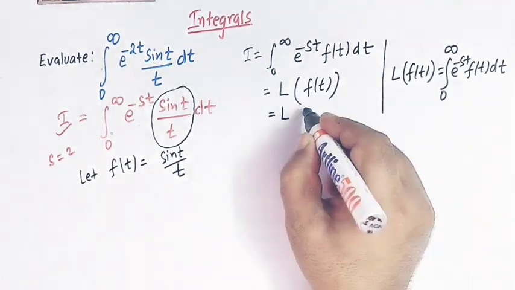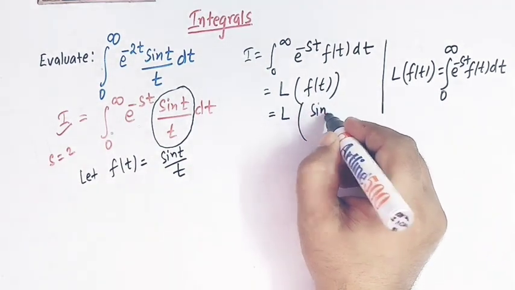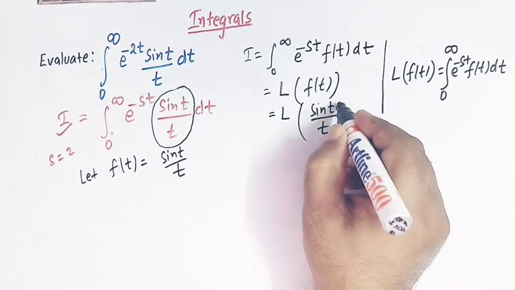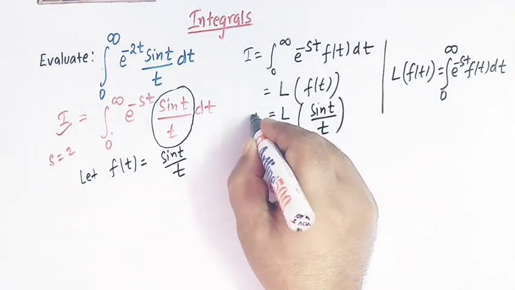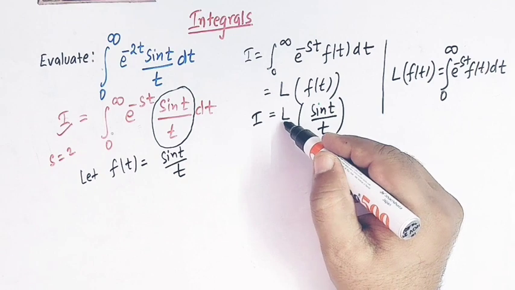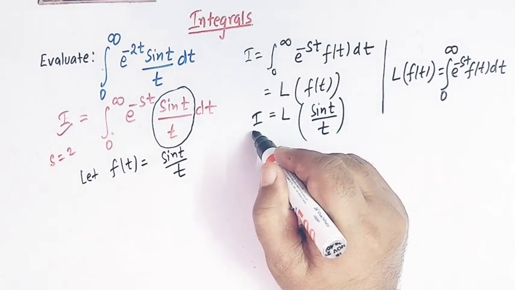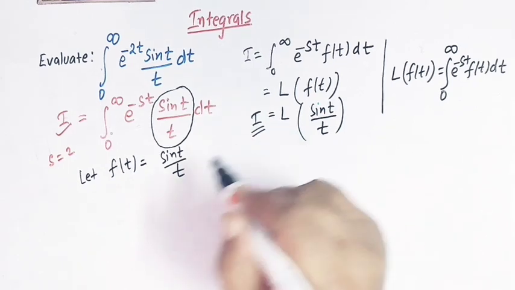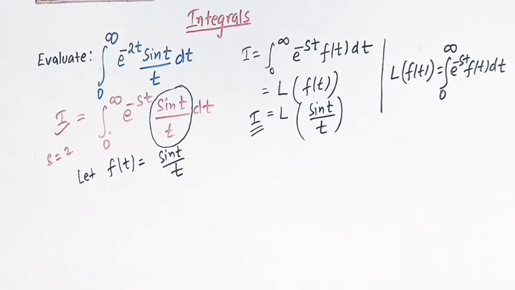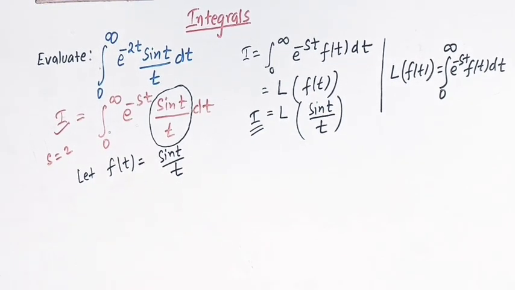So once we find the Laplace transform of sine t over t, we'll get the value of this integral I, right? So here now we'll use an important property of Laplace transform.